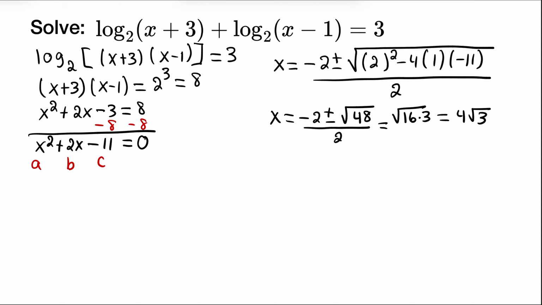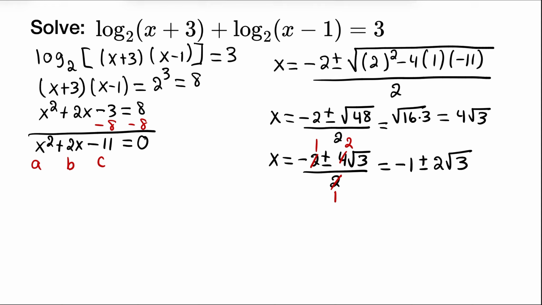So we have x equals negative 2 plus or minus 4 root 3, and that is over 2. And now we want to simplify even further, and we see that 2 goes into 2 once, 2 goes into 2 once, 2 goes into 4 twice, and so this is equal to negative 1 plus or minus 2 root 3.